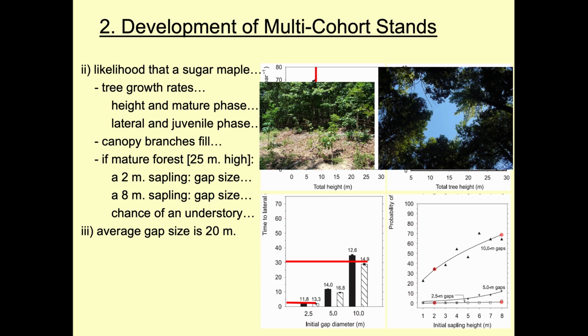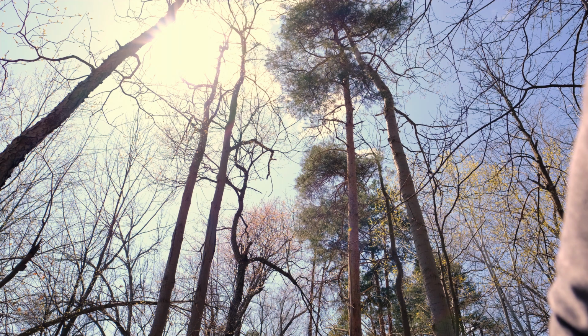So again, highlighting the importance of gap size. So we see these 20-meter gaps, and in order for there to be a new cohort, there needs to be a gap larger than 20 meters, or we need several of these 20-meter gaps to be riddled throughout the ecosystem to allow enough mature individuals to inhabit that space.